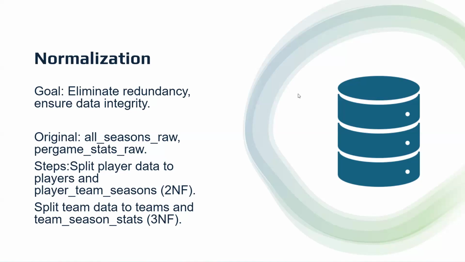As we saw, we have seasons data and stats data, but we want to split the player data into players and player team seasons, and this will make it second normal form. We also want to split the team data into teams and team season stats for third normal form.